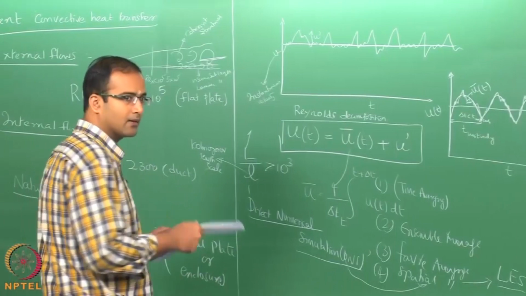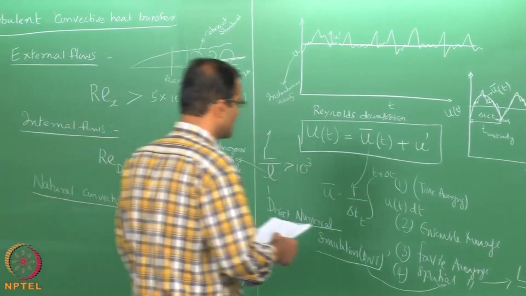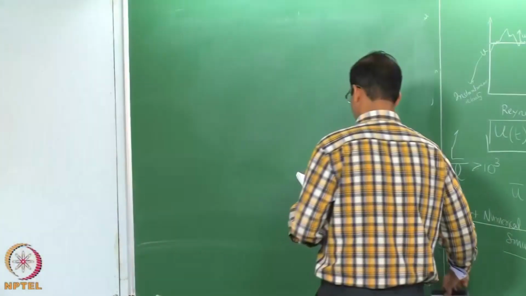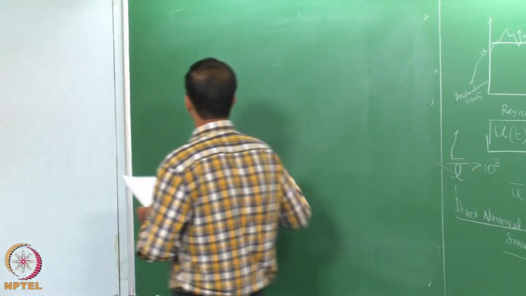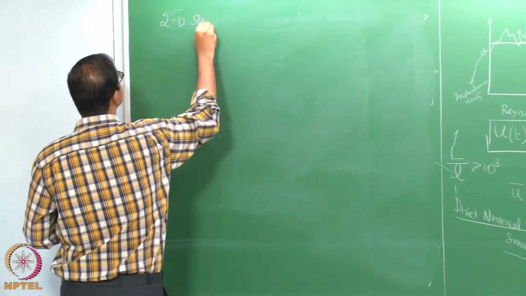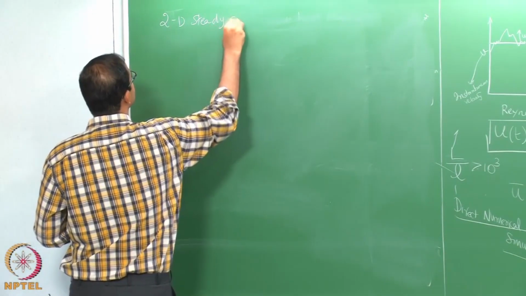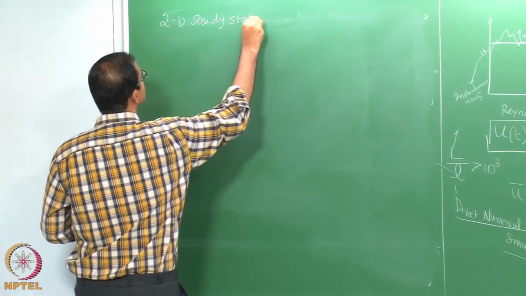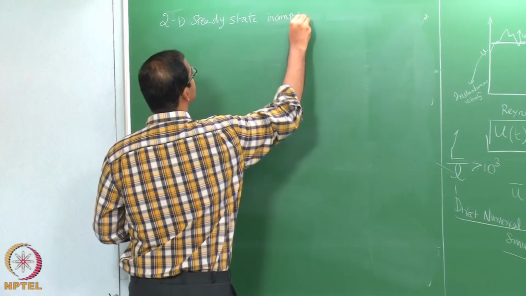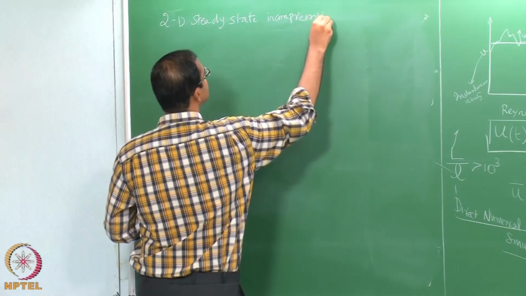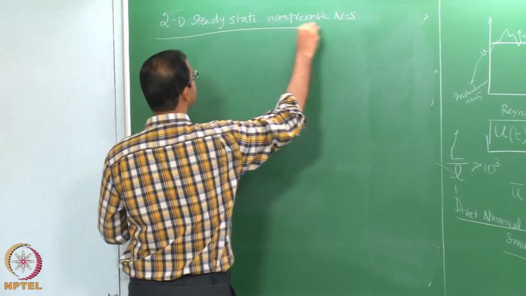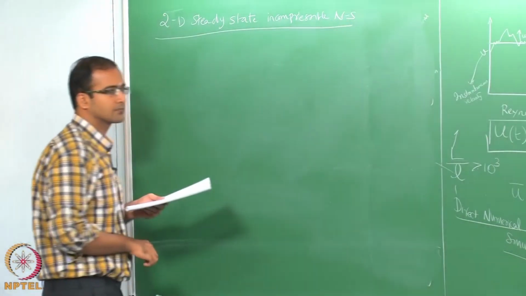So, let us quickly go over the derivation part. Once you apply the rules, it becomes much easier. Please write down the 2-dimensional steady state incompressible Navier-Stokes equations, including the energy equation.